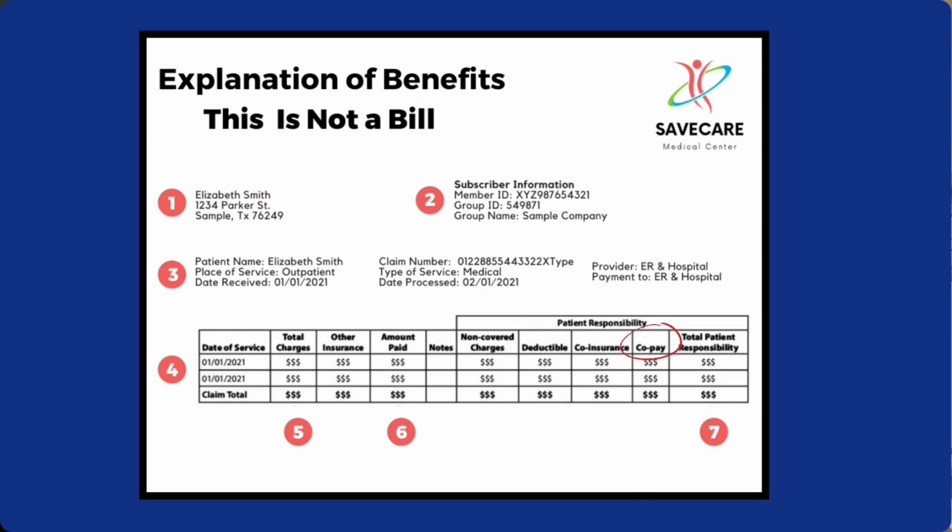Next, you may see a copay. A copay is a fixed amount you pay for certain services, like an office visit. Then you may see your coinsurance. Coinsurance is the percentage you pay after your deductible has been met. For example, if your plan is 80-20, insurance pays 80% and you pay 20%.